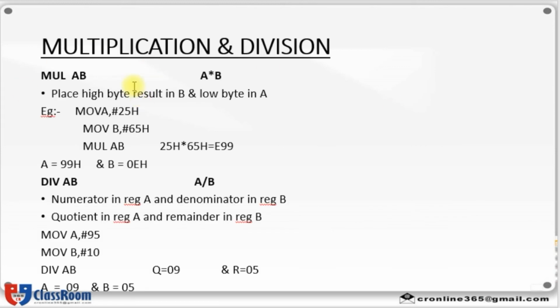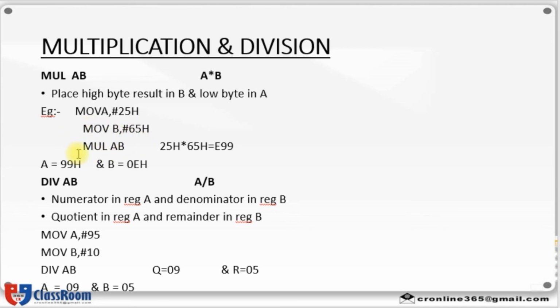Then next is multiplication and division. Multiplication uses the command MUL AB. That means A is multiplied with B. Place the high byte result in B and the low byte result in A. For example, here also I am transferring some data to the A register as well as the B register by using the instructions MOV A, #25H and MOV B, #65H.